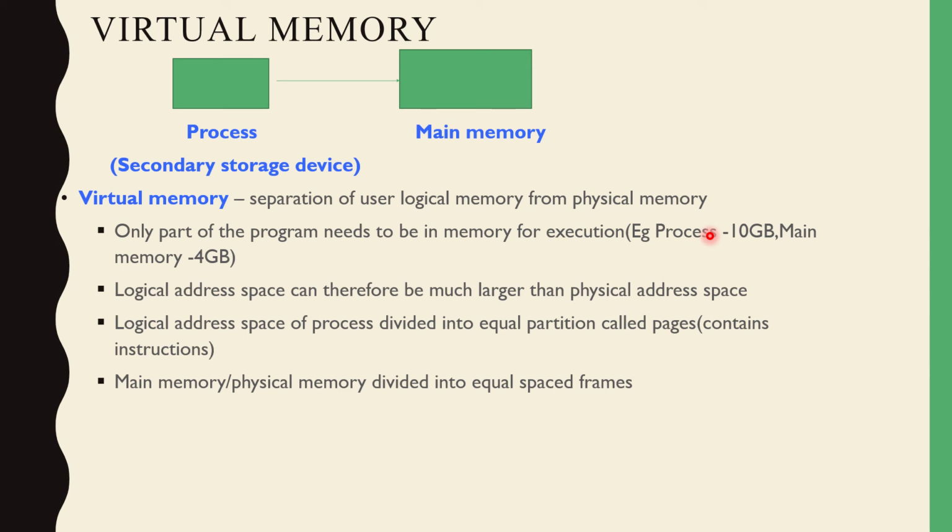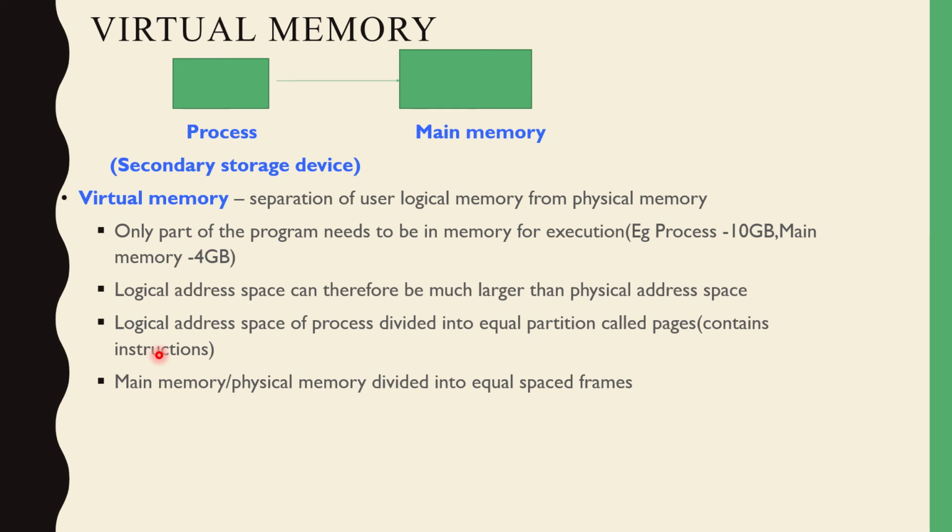So how are you going to use this logical address space with virtual memory? The logical address space of the process is divided into equal partitions called pages, and each page contains some set of instructions.